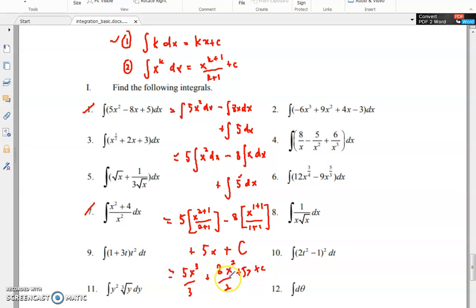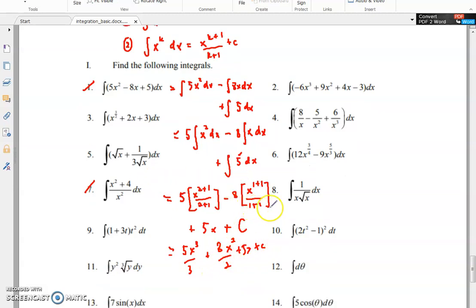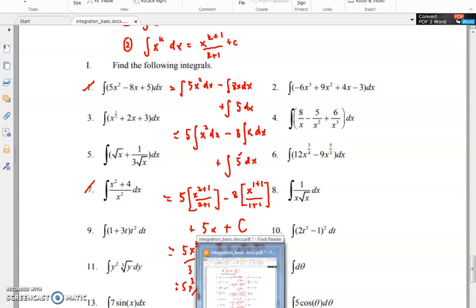So 8 over 2, you can simplify further to get 5x cubed over 3 plus 4, because 8 divided by 2 is 4, x to the power of 2, plus 5x plus c. Once you have simplified it, you can stop.